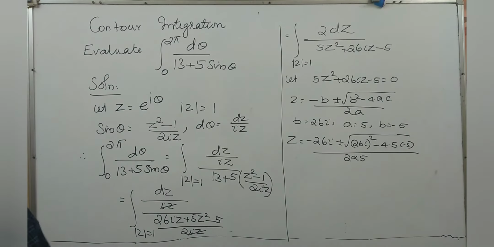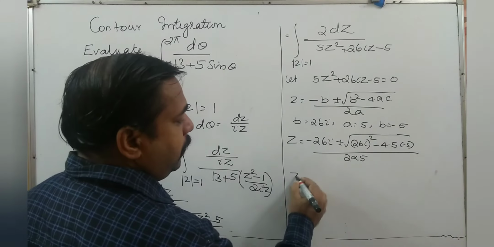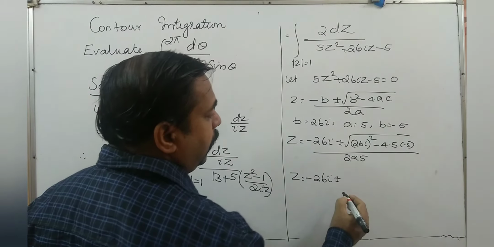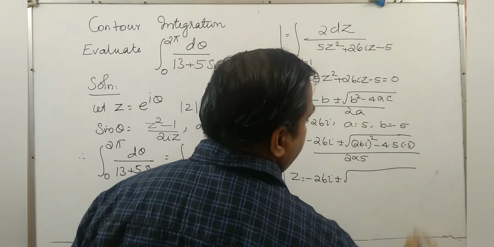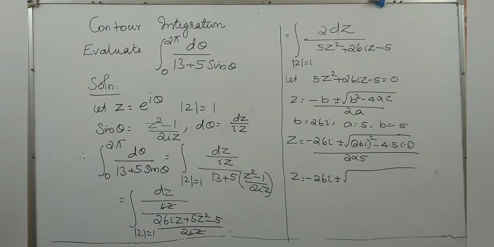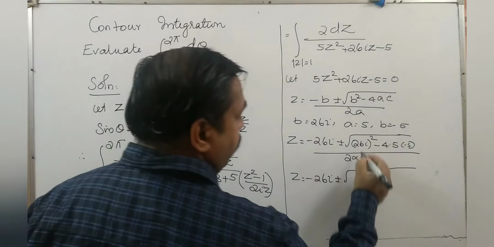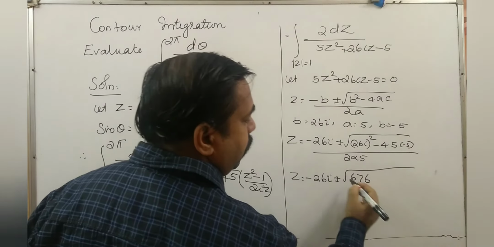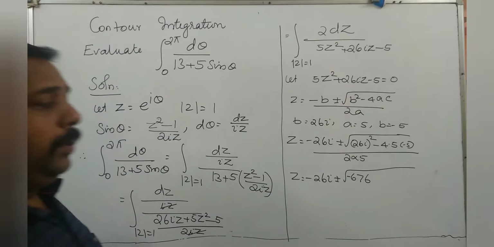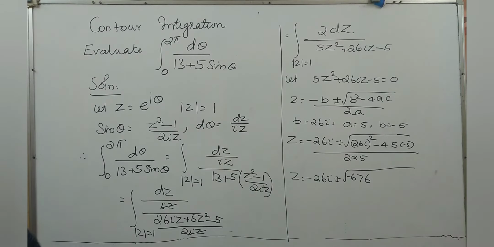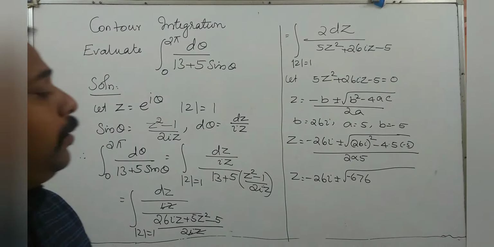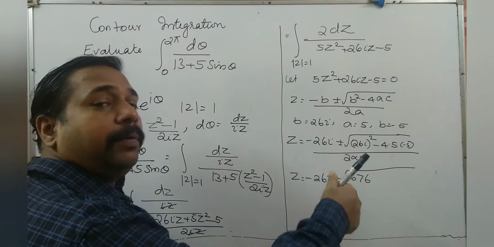Now simplifying, that is z is equal to minus 26i plus or minus, what is 26 square? 26 square times i square, and i square is equal to minus 1, so that is minus 676.